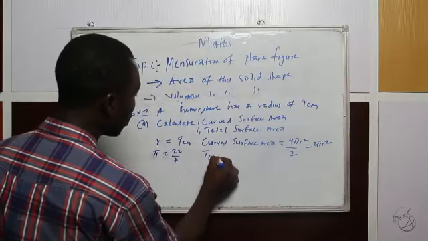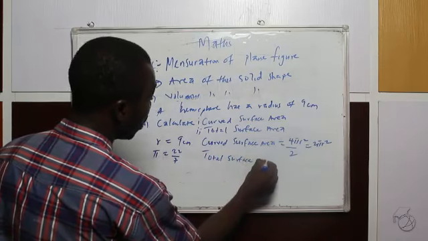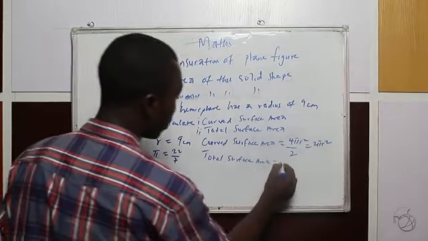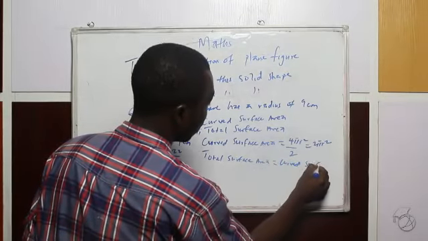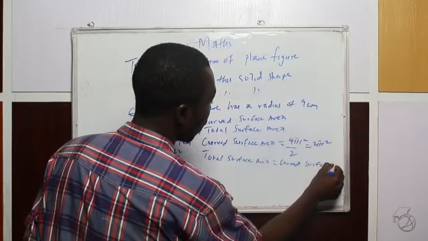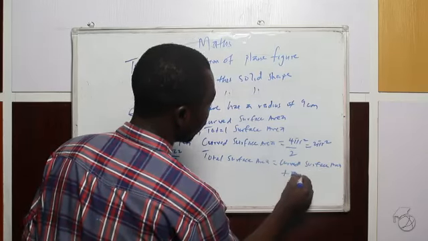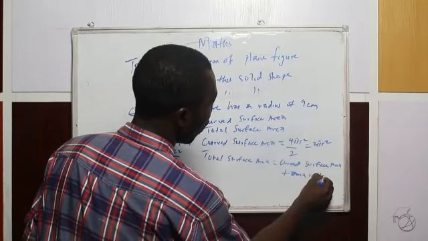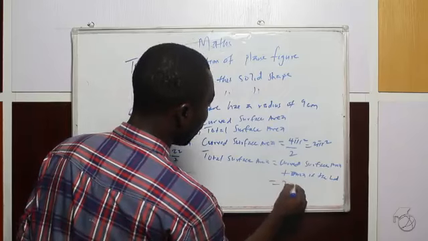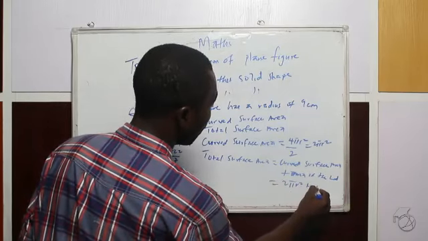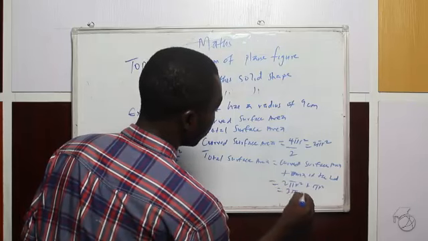Our total surface area is given to be curved surface area plus area of the lid, which is equal to 2 pi r square plus pi r square, which will give us 3 pi r square.